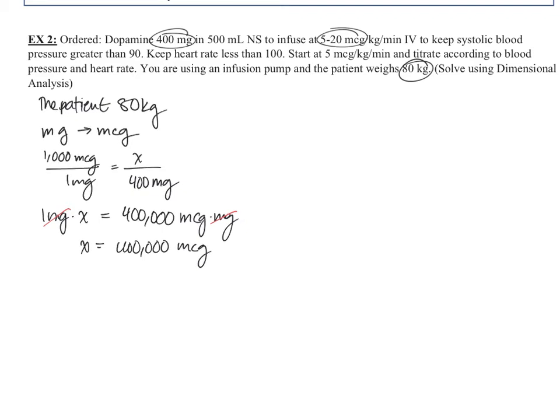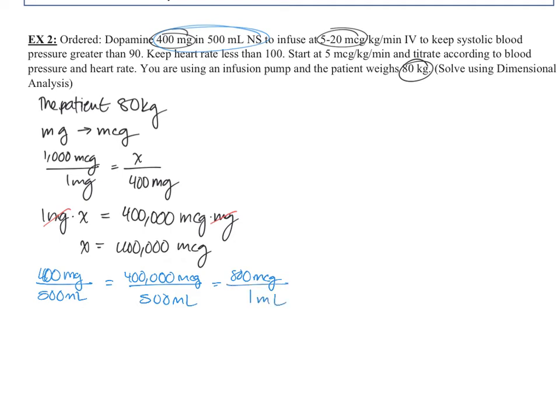We had 400 milligrams in 500 milliliters, which we have right up here. Now we know that 400 milligrams is equal to 400,000 micrograms, so we can write that over 500 milliliters. We can simplify this to 800 micrograms over 1 milliliter. And right there we have the dose on hand, H, over the dosage unit, Q.